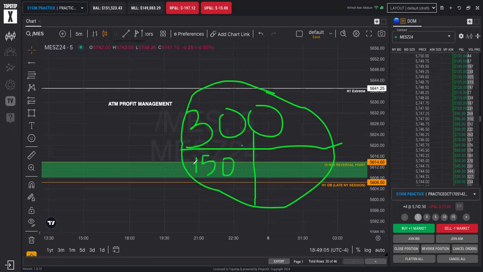That way, if you lose that trade, you still have 150 remaining. Make sense? Yep. Makes sense. All right. Let's say you win that trade. Now you have 450 total. So now 450.